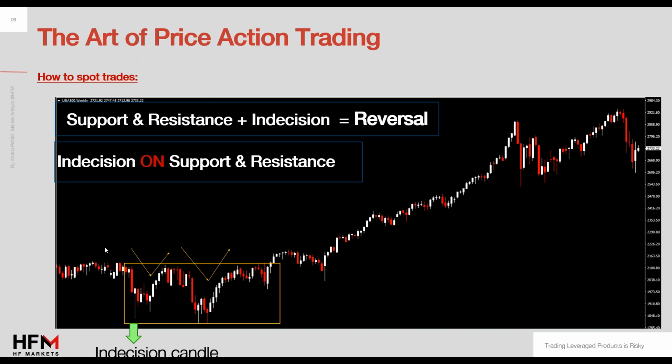With just the naked eye, we can spot that this is a nice resistance level and this is a strong support level as well. So what's going on if we're seeing a bit of consolidation, some dodgy candles on those areas? If we spot indecision at the support and resistance area, that means reversal.